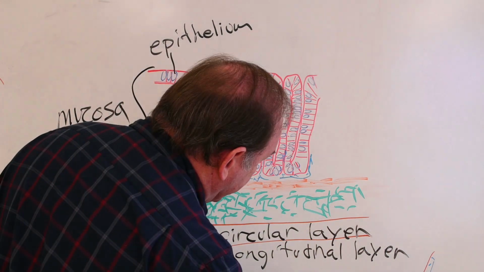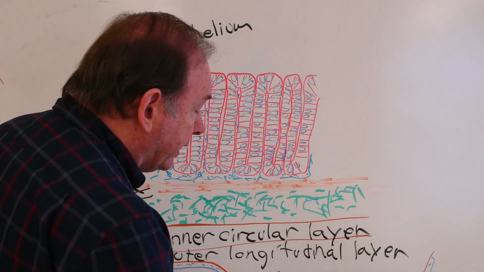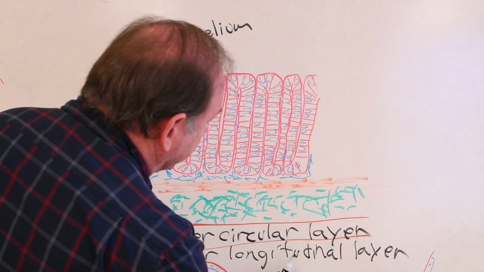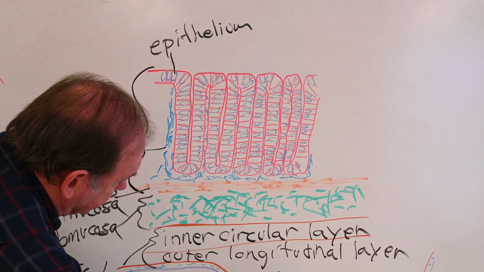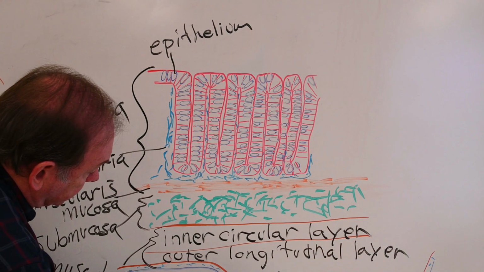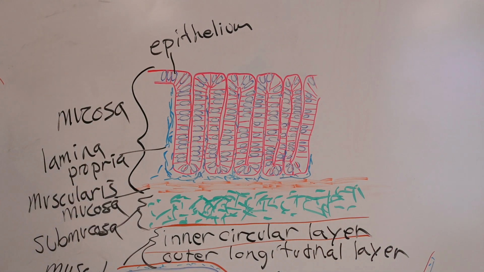And this thickening of the longitudinal layer of muscle that extends along the length, like I said, in 3 different bands. This is just one band. It's called tinea coli.